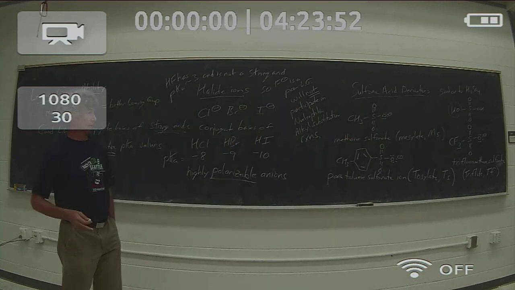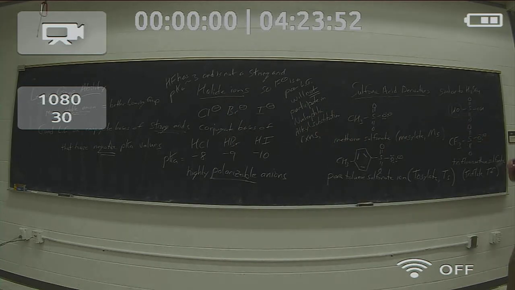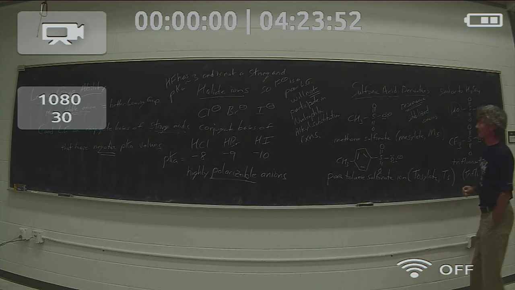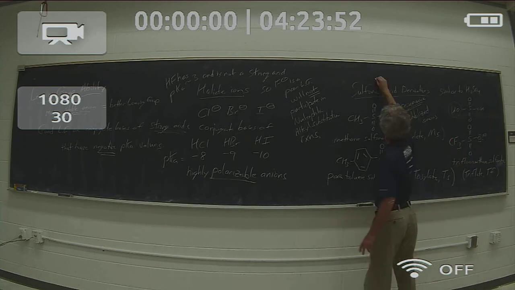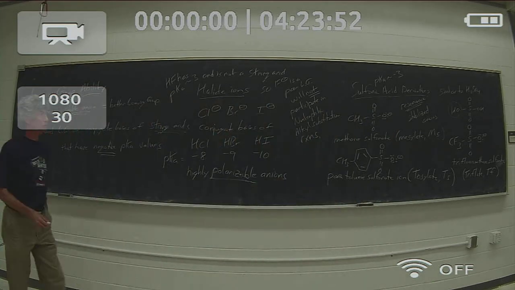All of these anions, like the hydrogen sulfate ion, which is the conjugate base of sulfuric acid, are resonance stabilized. And the sulfonic acids tend to have pKa values of -1 to -3-ish.